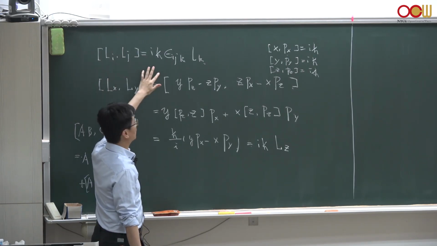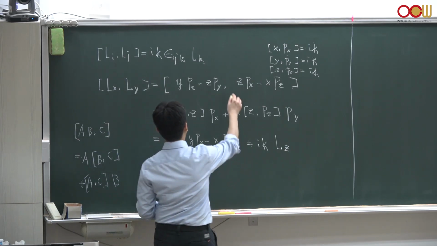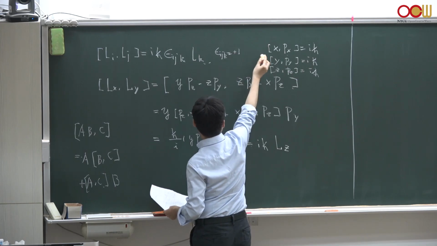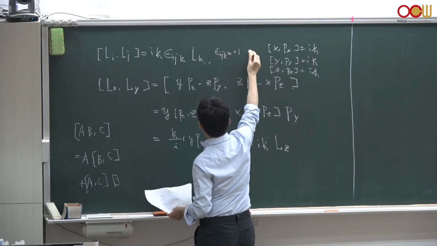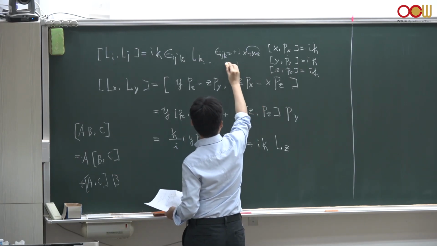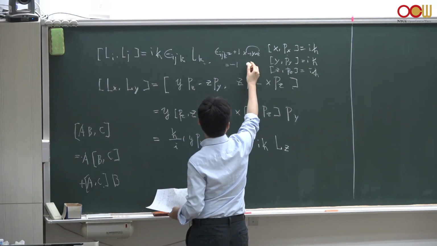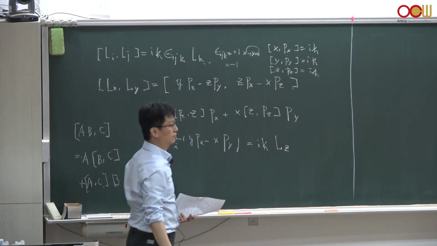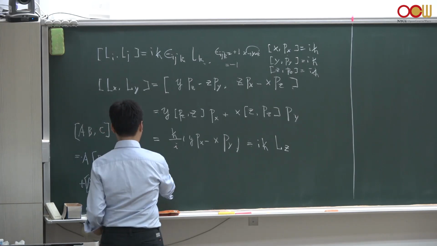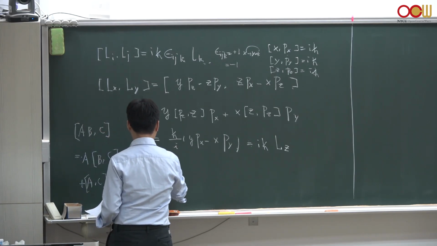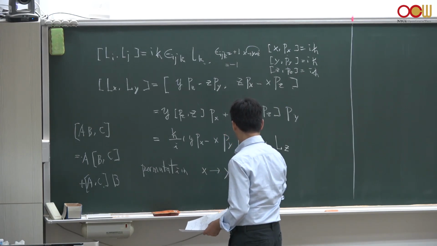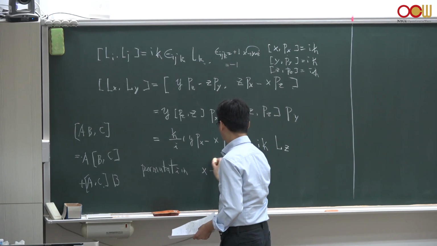Here i, j, and k are simply x, y, and z. So the epsilon ijk is actually plus 1 if they follow the cyclic permutation, and minus 1 if they have some violation of this xyz permutation. So this permutation says that x goes to y and y goes to z and z goes back to x.